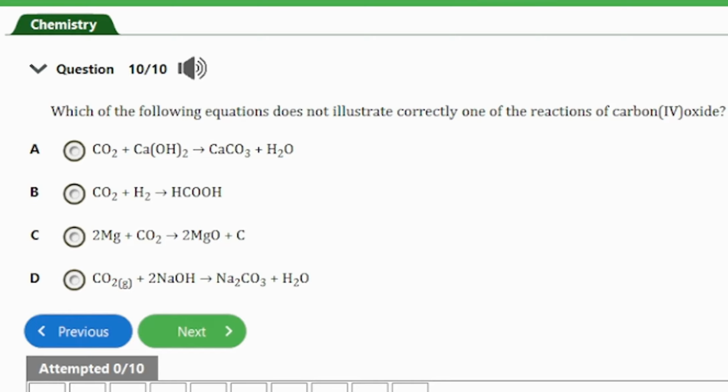So guys, the answer to this question here will be option B here. This is not a correct illustration of a reaction of carbon(IV) oxide. So that's it for this question, and this is where we'll end this video, guys, for today.